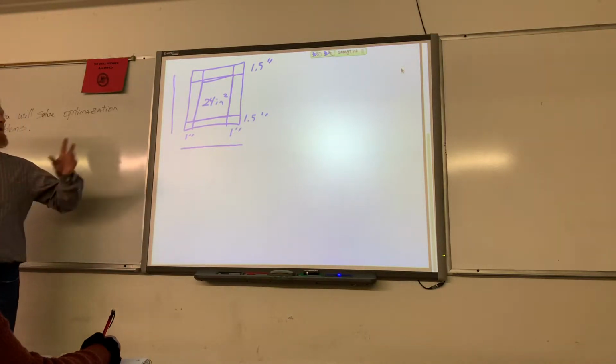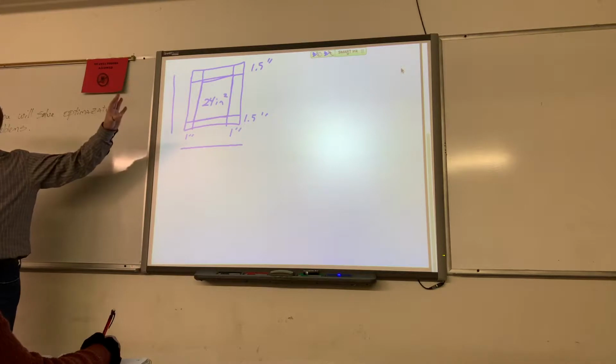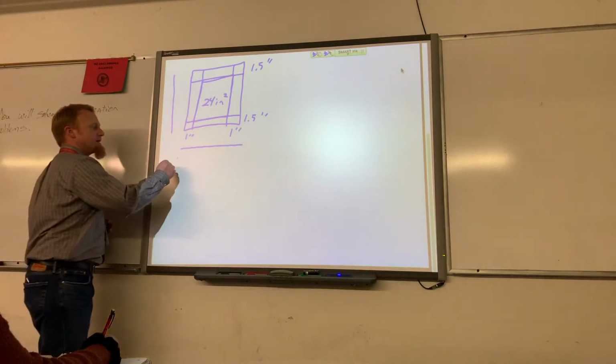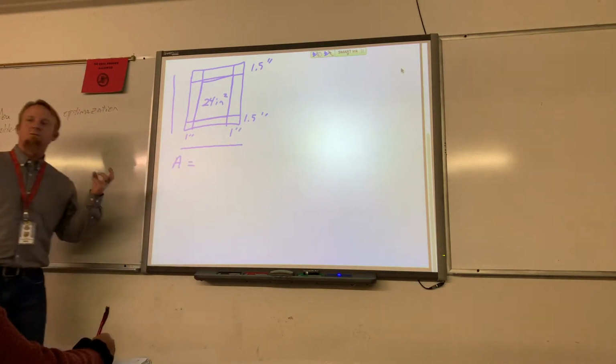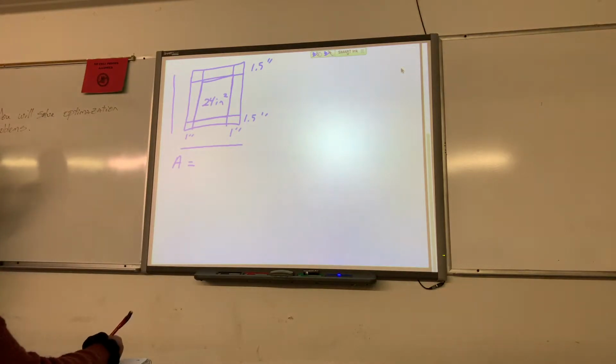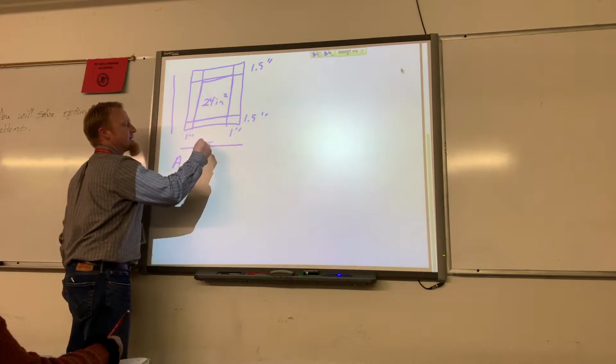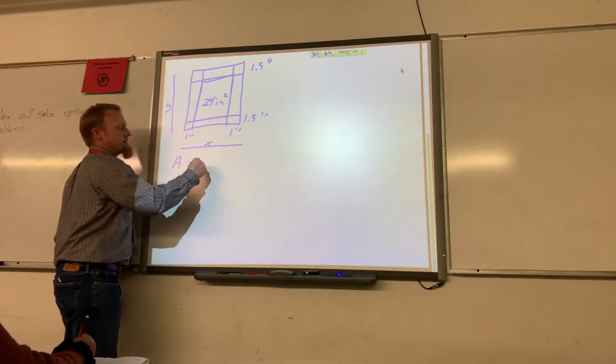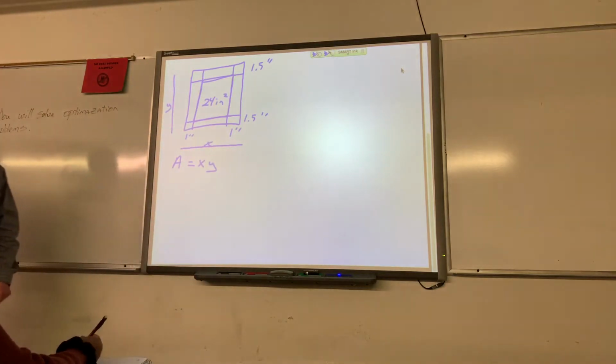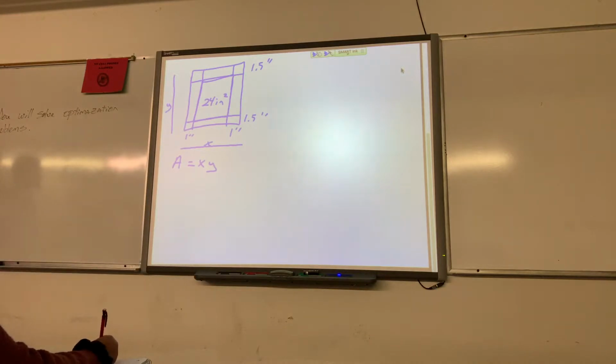Area. So we need the area of this right here, a big area. Let's make this X and that Y. So my area is X times Y. Are you good with that?